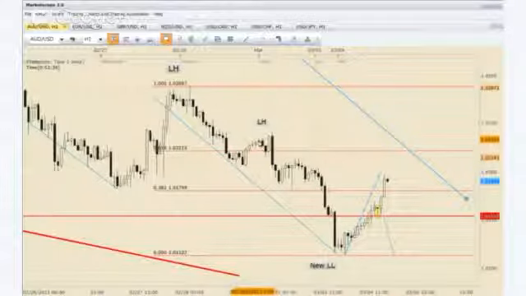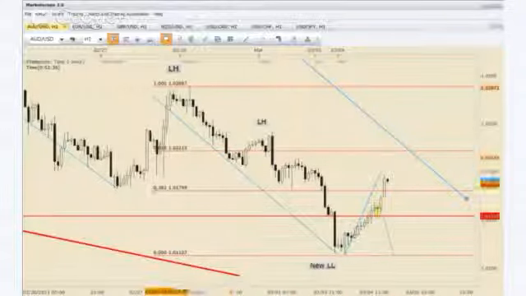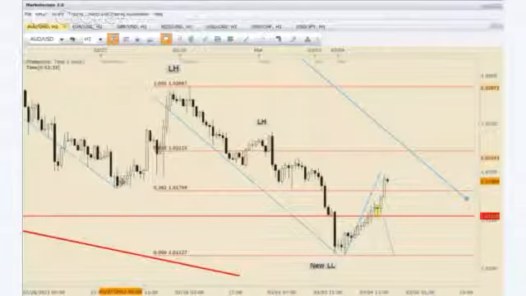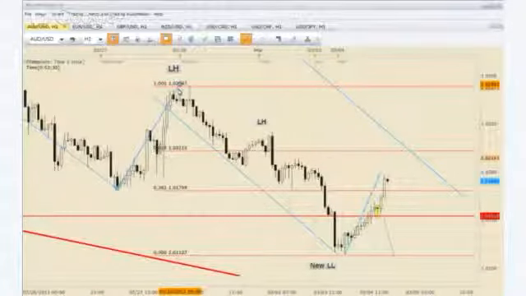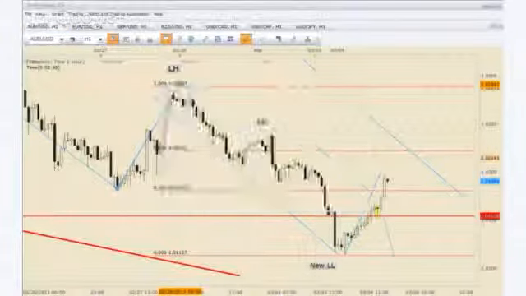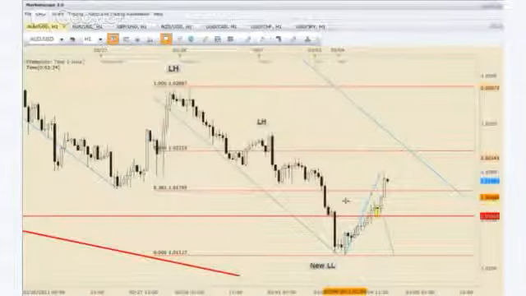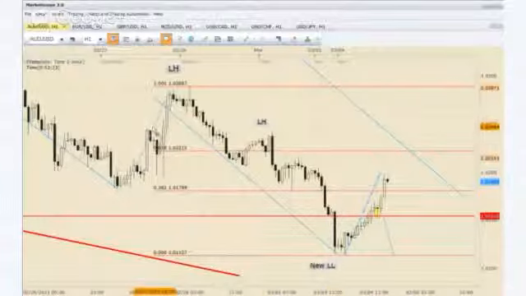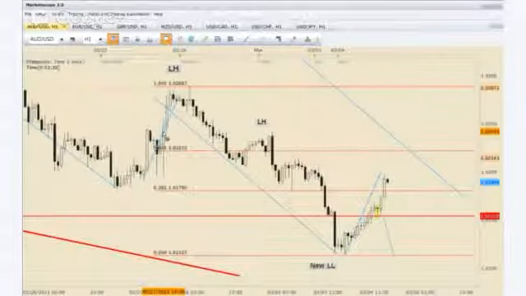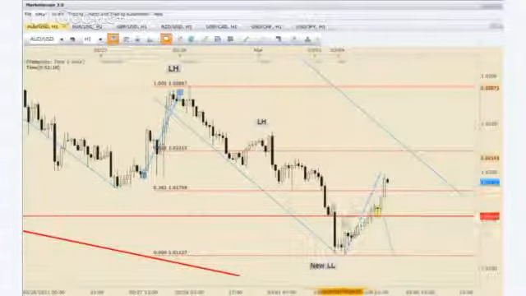And as an example, you would want to see something like this. You see here we had price moving up, price moving up here, just like it's doing at present time.